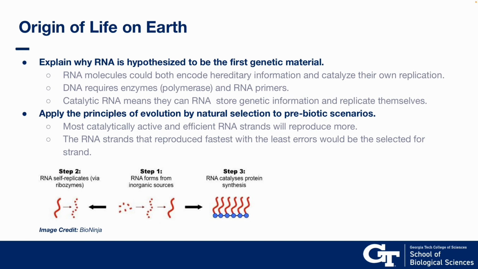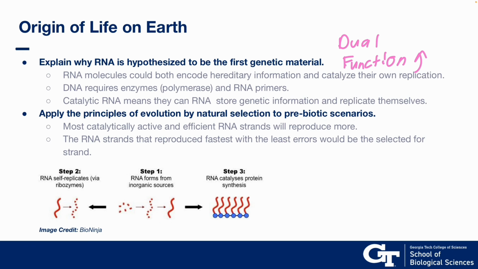So now we're just kind of talking about how life originated, and this is called the RNA world hypothesis. Everything today uses DNA, but then why was the first genetic material RNA? Basically, it's because of this dual function, where RNA both can replicate and catalyze their own reactions.